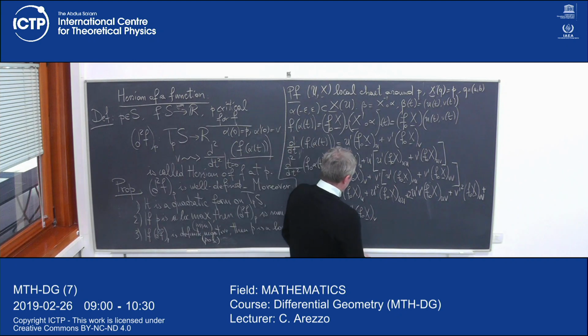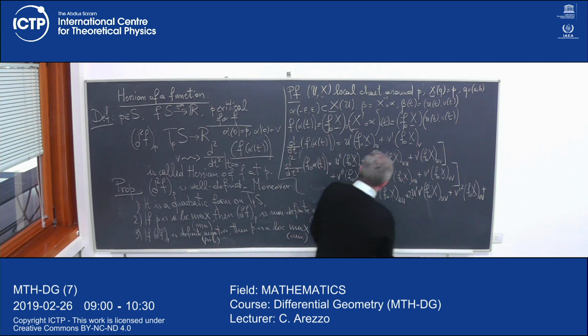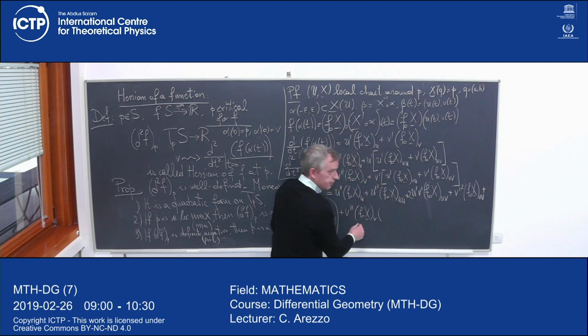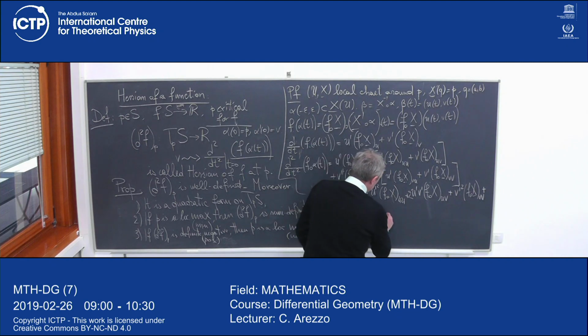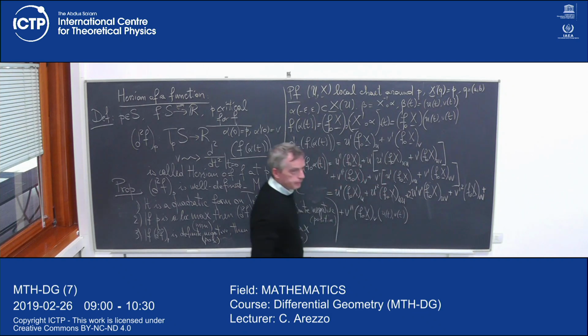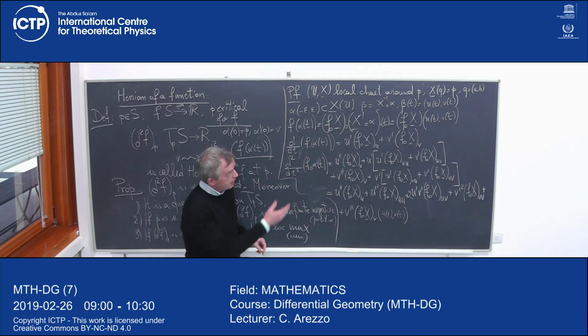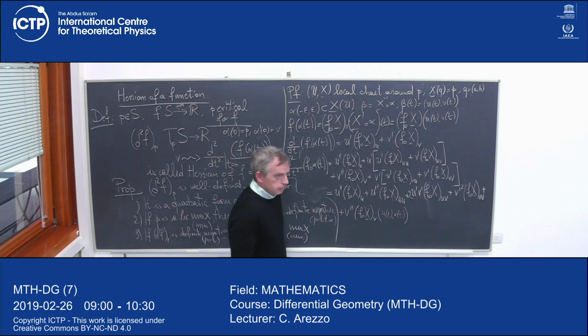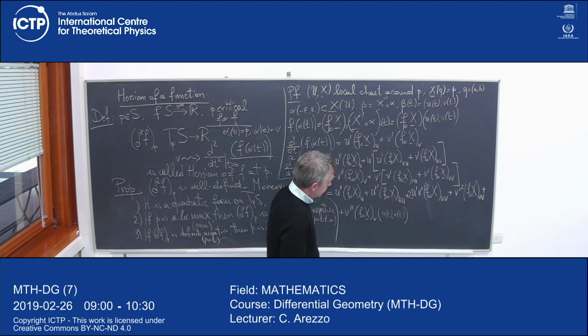So now this is actually a good moment also to write for all these partial derivatives where they are computed. But let's write only for this one, for example. So this is computed at the point u of t, v of t, beta of t, if you want. So what is fixed in this story?